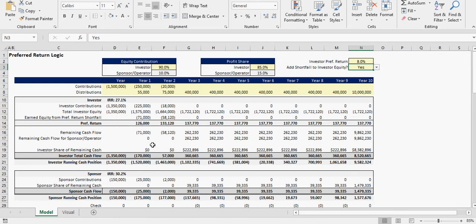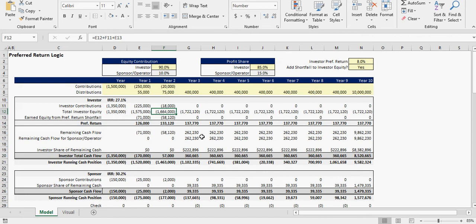So you'll essentially say, well, investor, we can't pay you 8% of your equity. We can only pay you 55,000 this year, but we'll take the other 71,000 and add it as equity for the next year. That's why the equity is going up here by more than just 18,000. It's going up by 71,000 plus 18,000 to get from 1,575,000 to 1,664,000.